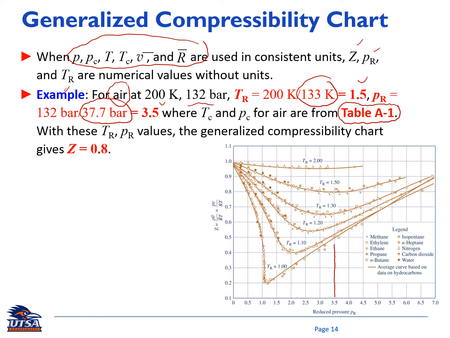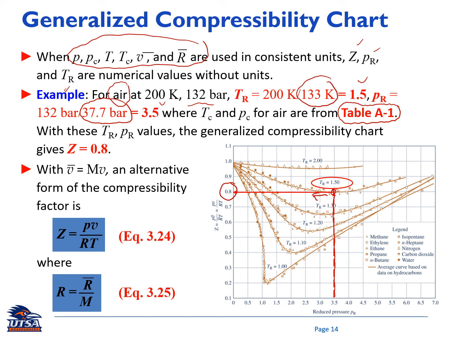It should be, oh, here I have this one, and then you can go to the left and you will have Z equal to 0.8. So with this compressibility chart, for a given pressure and temperature, you can get Z. Okay, good.